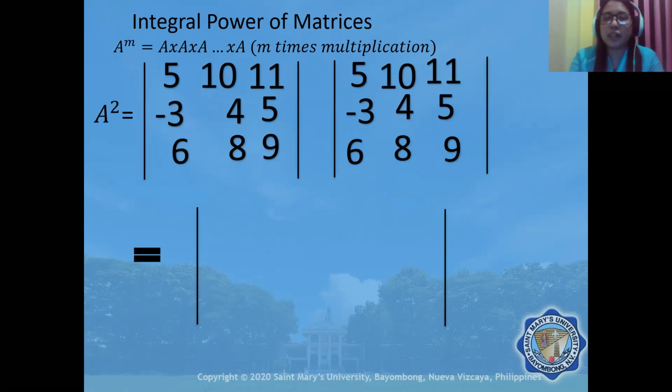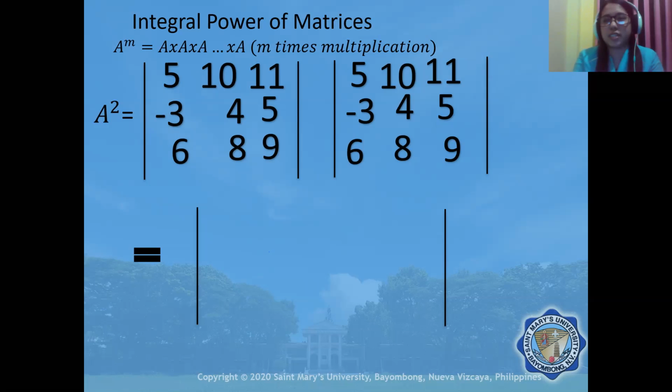Now, how about integral power of matrices? So we are actually doing the integral power of matrices for square matrices. So for instance, we have here A is this matrix. So to come up now with A squared, it means that we are going to multiply, but this multiplication is the dot product.